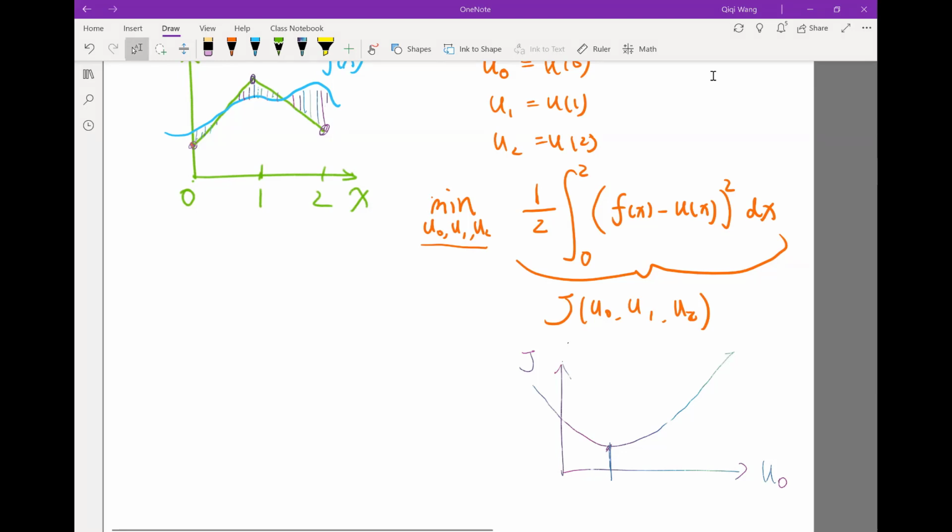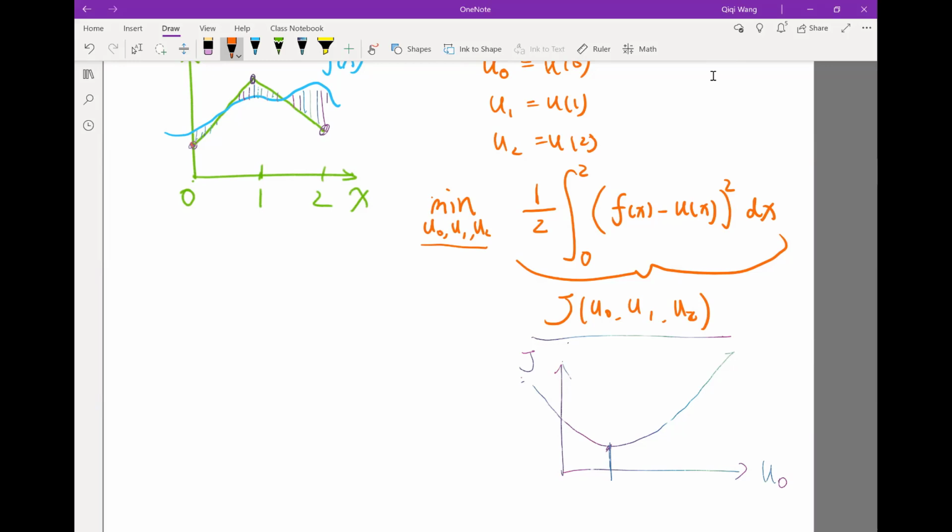Here we want to take the derivative of j with respect to u0 and set it to 0. When we want to minimize a multidimensional function, we do the same, except the derivative of j with respect to all the independent variables, all the things we can choose, has to be 0. That's what we call a first-order optimality condition.